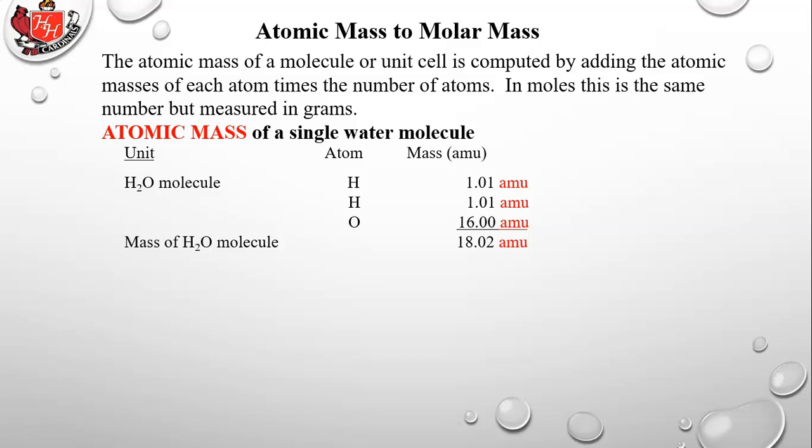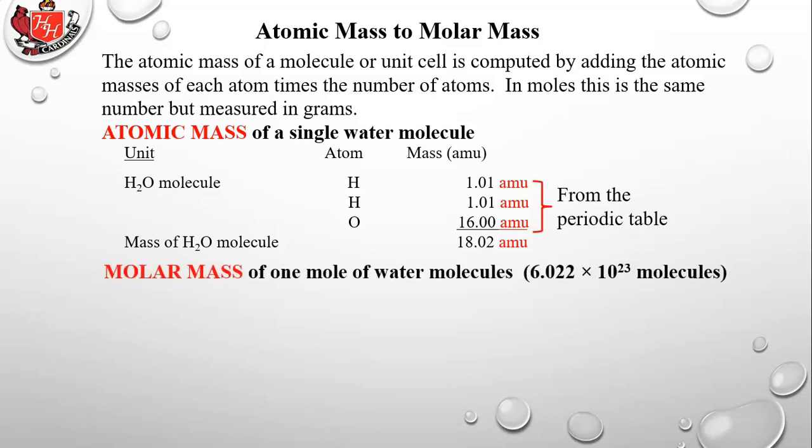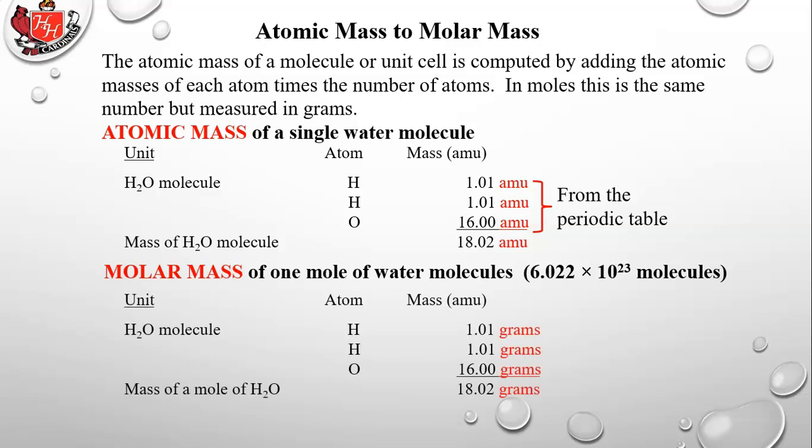So for a single atom or molecule, we're dealing in atomic mass units. Those are all from the periodic table. Now the molar mass of 1 mole of water molecules, that is, you multiply it by 6.022 times 10 to the 23rd molecules, everything's going to look the same. The numbers are exactly the same.